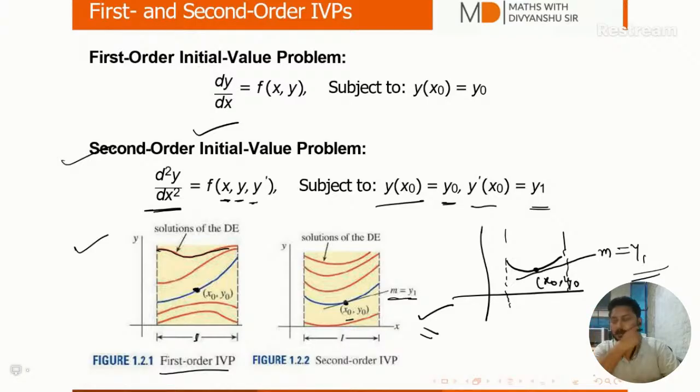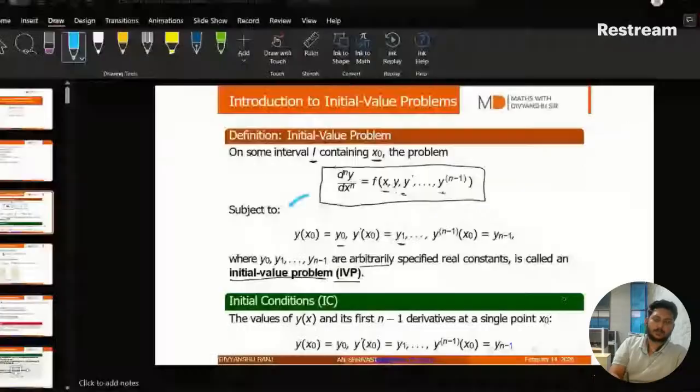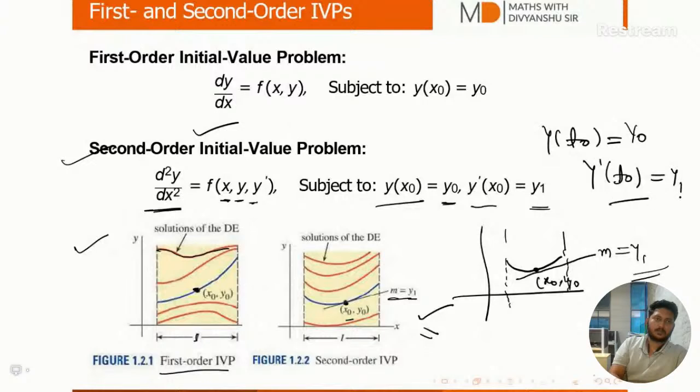The term initial condition derives from taking y(t0) equal to y0 and y dash(t0) equal to y1. These represent, respectively, the position and velocity of an object at some beginning or initial time t0.